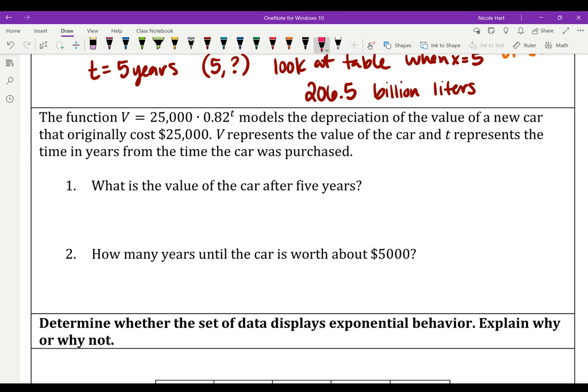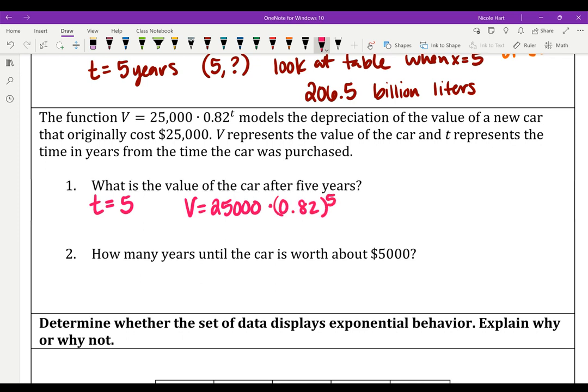So for this example, the rate is 0.82 with the original cost of $25,000. So V represents the value of the car, T represents the time in years from the time the car was purchased. So it wants us to know what is the value of the car after 5 years. So that means T is equal to 5, and we plug that into our equation. 25,000, make sure you get enough zeros in there, times 0.82 to the power of 5.